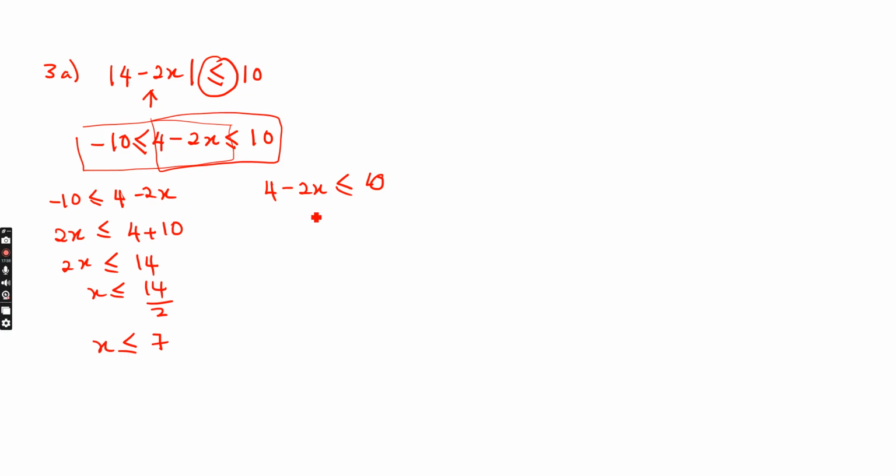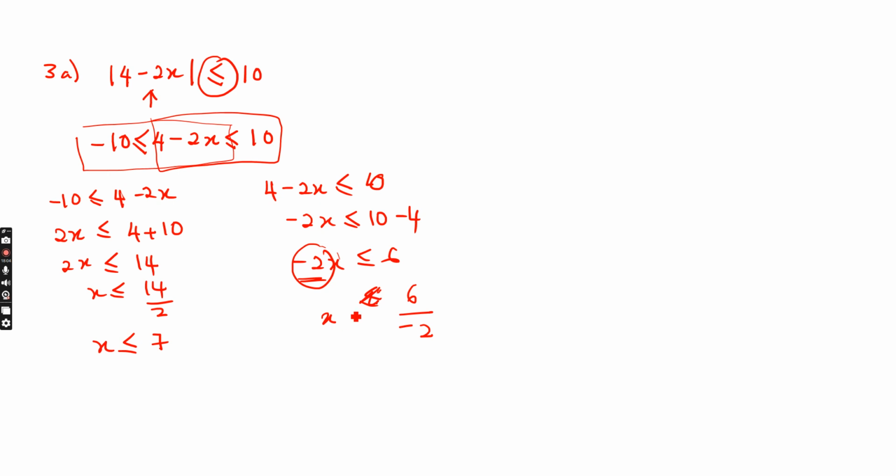Okay, for the second x, what you're going to do is, first of all, you move 4 to the right side. You're going to get 6, and then here we have negative 2x. So we're going to divide by negative 2 at the right side. When we want to move to the right side, we must divide, which is 6 divided by negative 2.